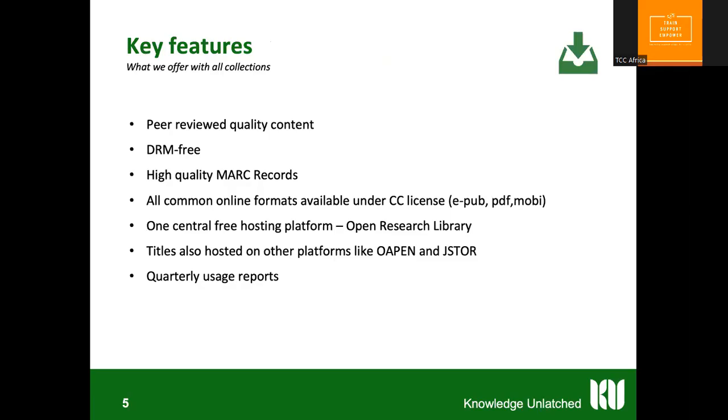As I mentioned, they are hosted in the Open Research Library and also in OAPEN and JSTOR. And to all the libraries that support these collections, we offer quarterly usage reports, and now also a dashboard where they can check how usage of this content is happening within their institution.